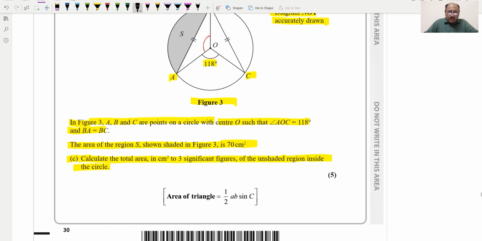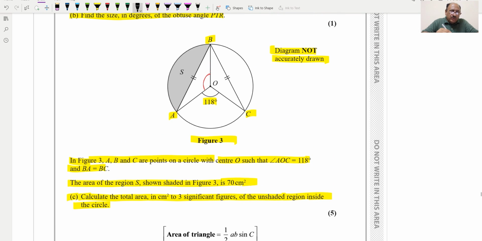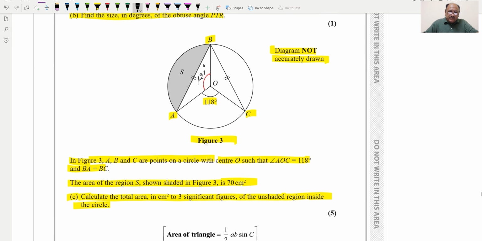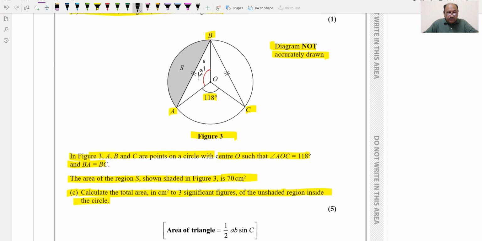Now we have this angle 121 degrees. The area of this triangle plus the area of S is basically the area of the sector. If we take the area of the sector and subtract the area of the triangle, we will get the shaded area, which is 70.